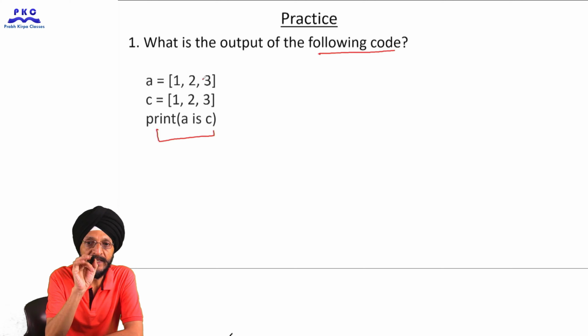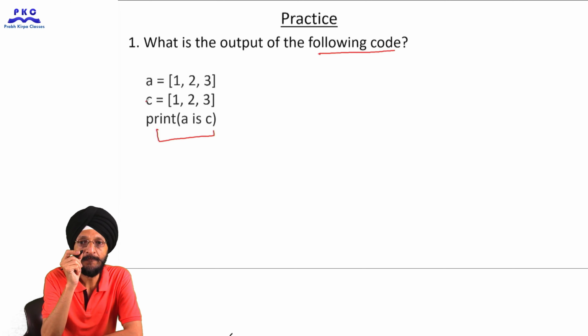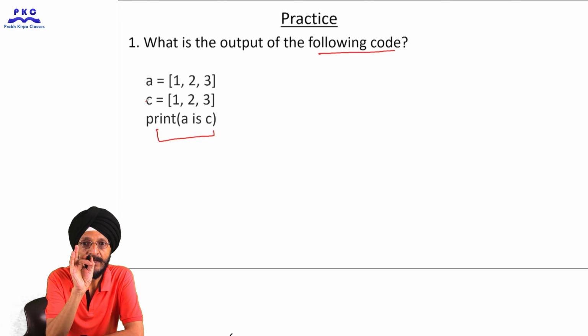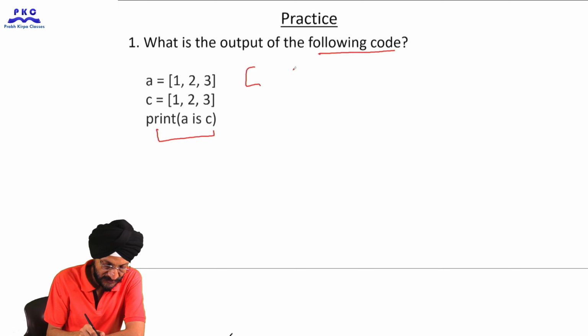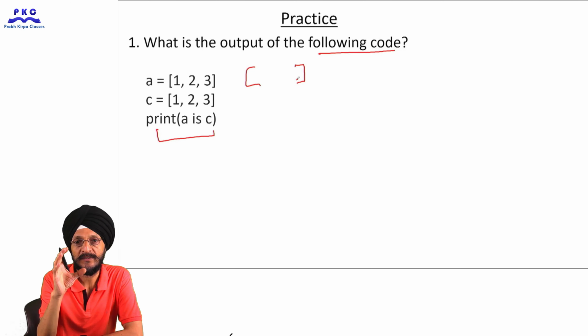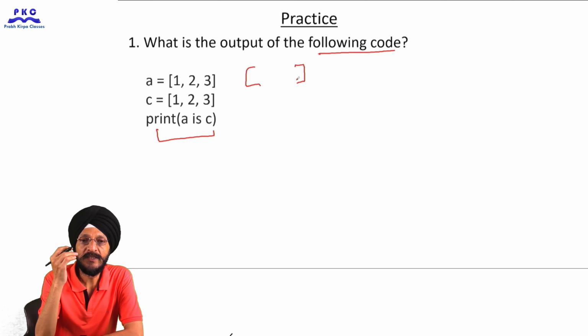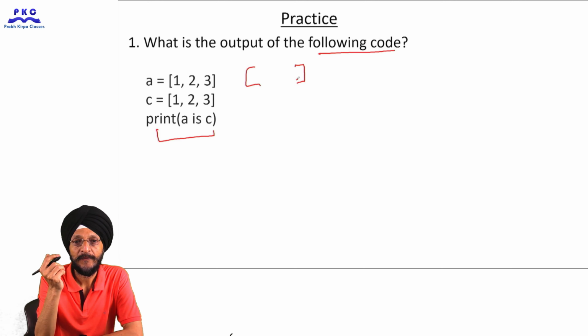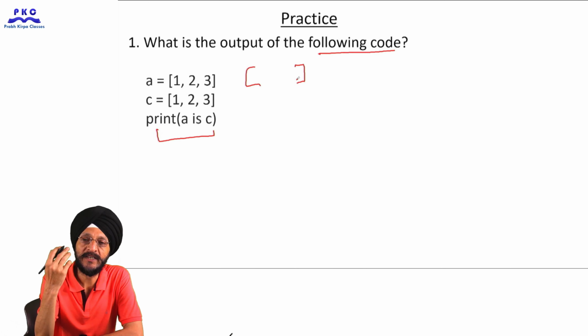Here, A is a variable, C is also a variable. The information contained in both the variables is the same. You will find that in both the cases, square brackets have been used. It means that these are two lists. In the case of lists, each assignment creates a new object in the memory.